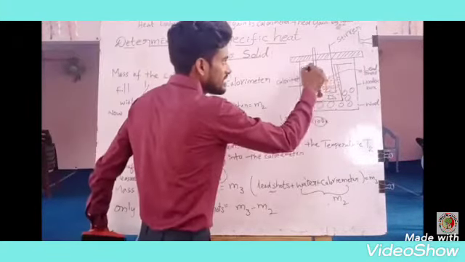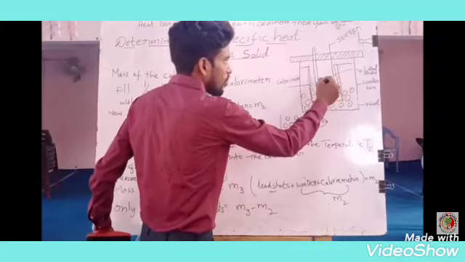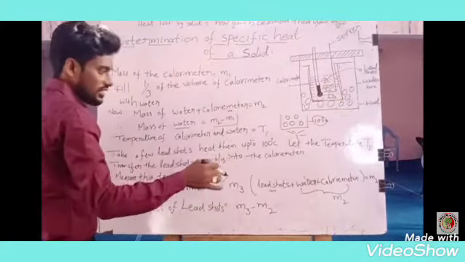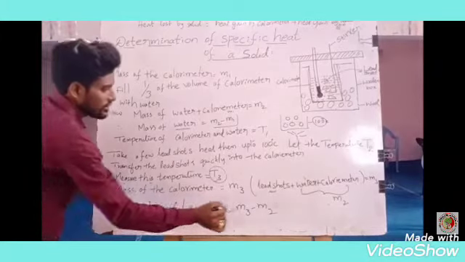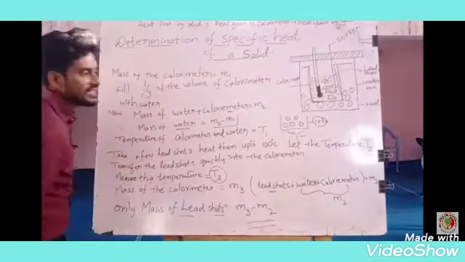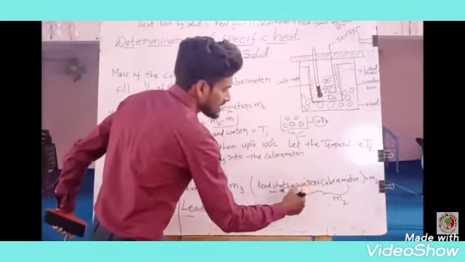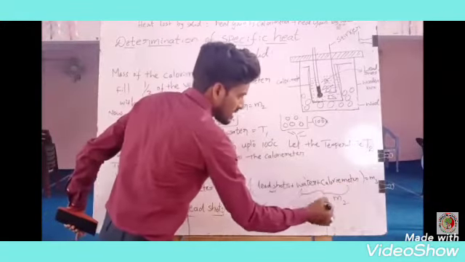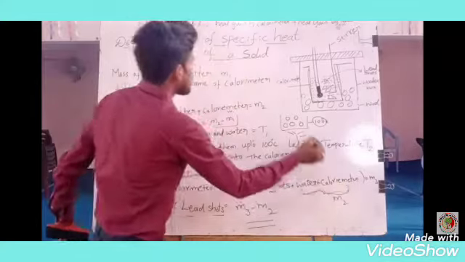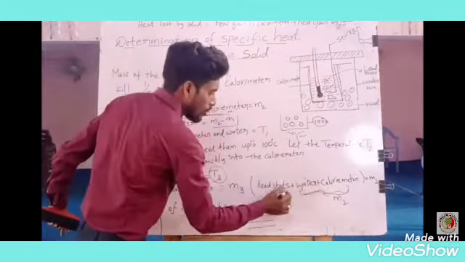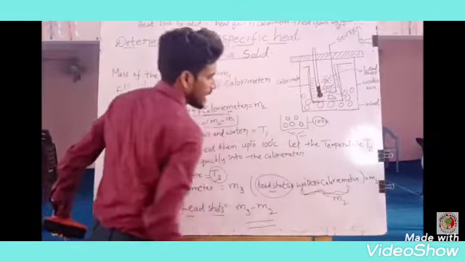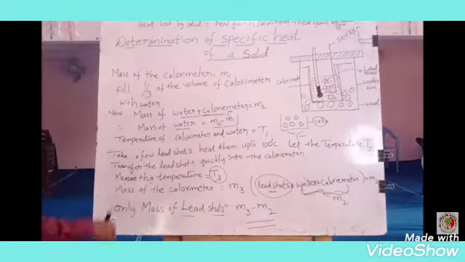Here in this calorimeter you have lead shots, water. That's why only mass of the lead shots equal to M3 minus M2, because lead shot plus water plus calorimeter equal to M3, but water plus calorimeter is M2. So only lead shots equal to M3 minus M2. You have to remember this thing.